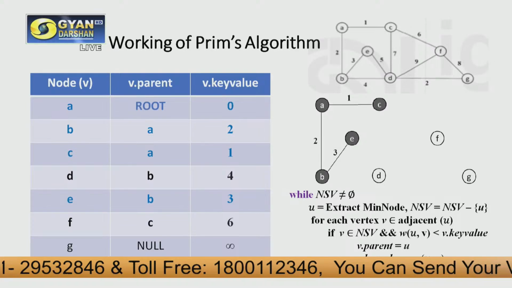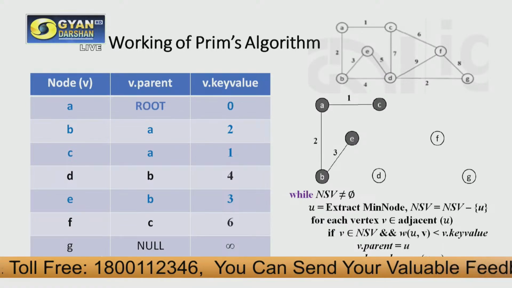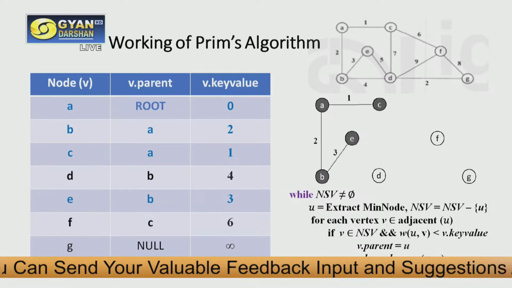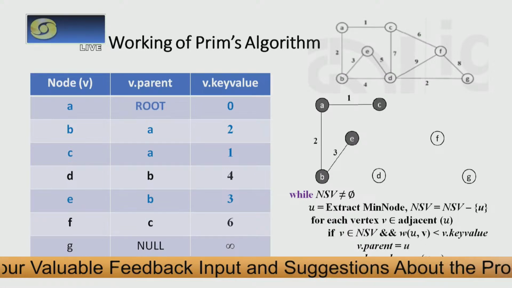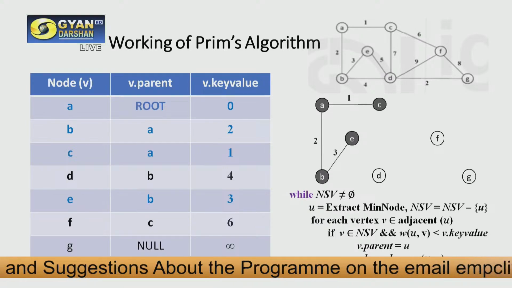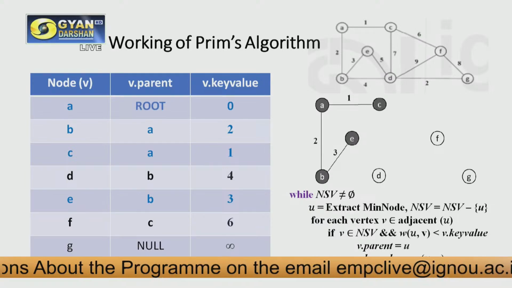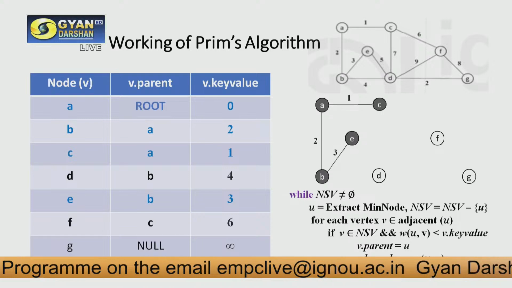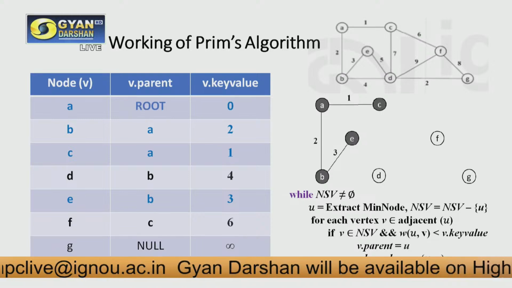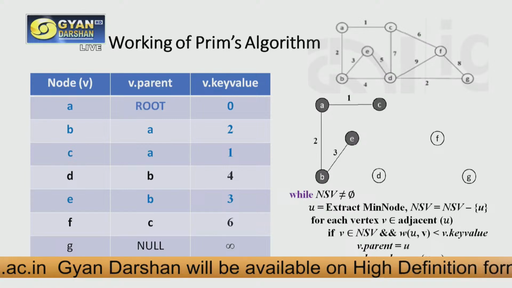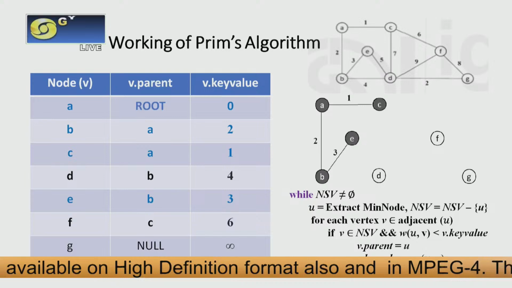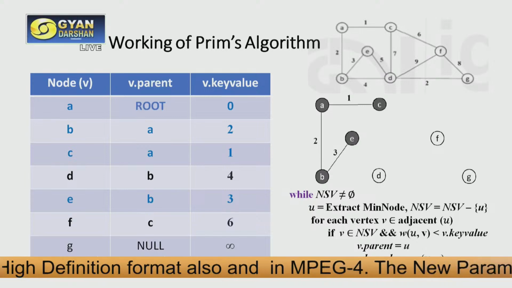So now we can see that in the MST we have an edge from B to E, and from E the directly reachable vertices are B and D, but B is already visited, so we will not touch that, and we will consider D, but the cost to reach from E to D is 5, but from B to D it is 4, so there will be no changes as per Prim's algorithm.